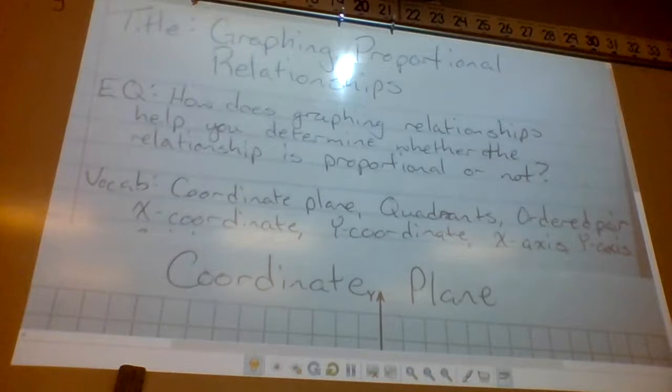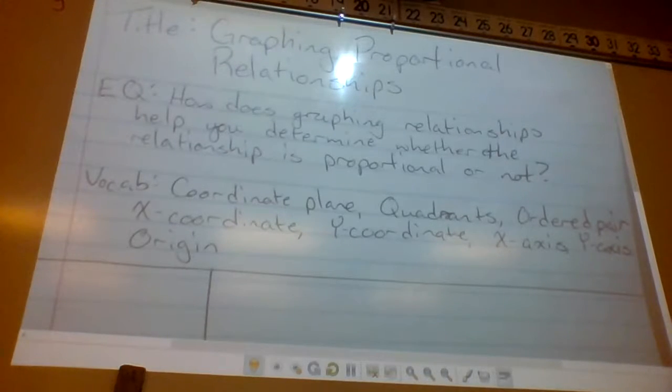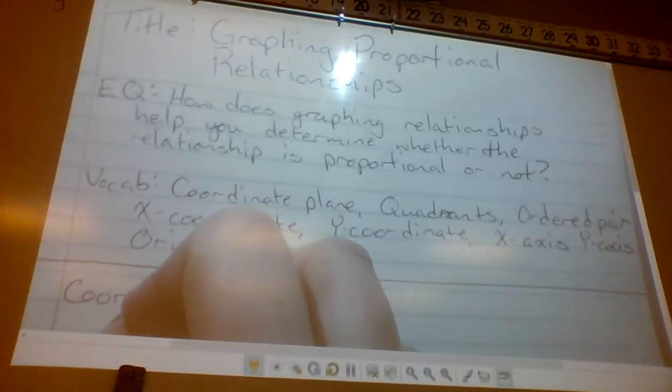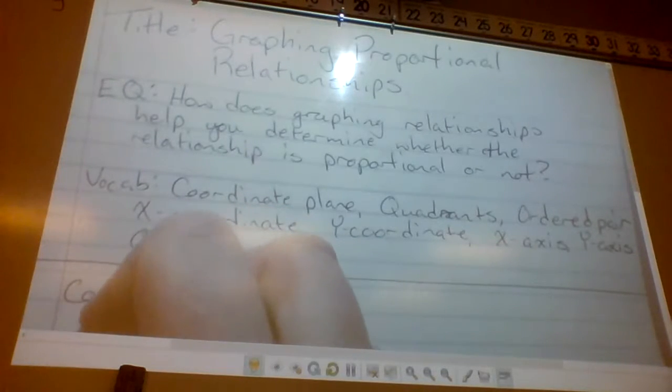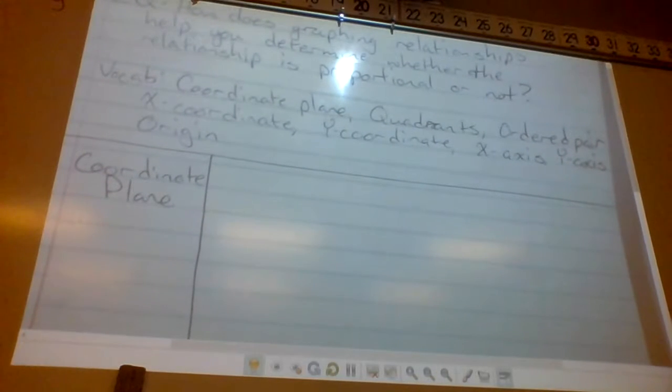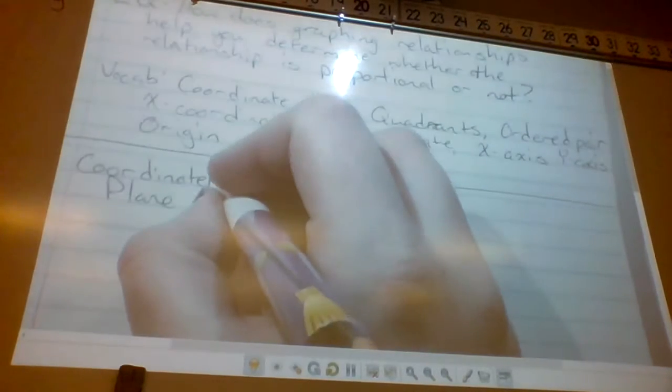Now, a coordinate plane, in your notes, we're actually going to define it. A coordinate plane is a grid formed when 2 number lines intersect at 0.